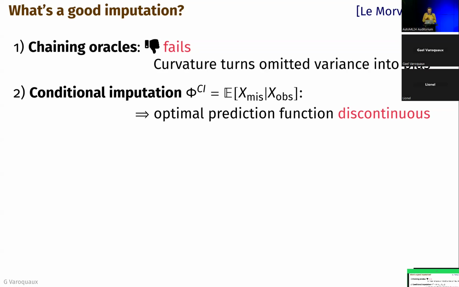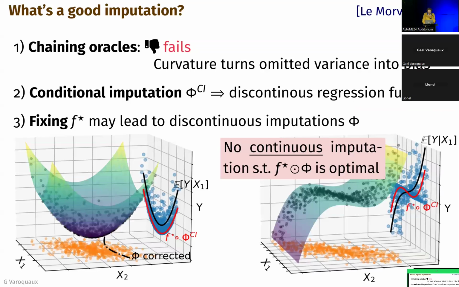So your perfect conditional imputation doesn't really fully simplify the problem for the learner. And same thing, if you try to fix your prediction function, then you lead to discontinuous imputations. So there are certain scenarios where you end up having discontinuities if you try to do sophisticated imputation.